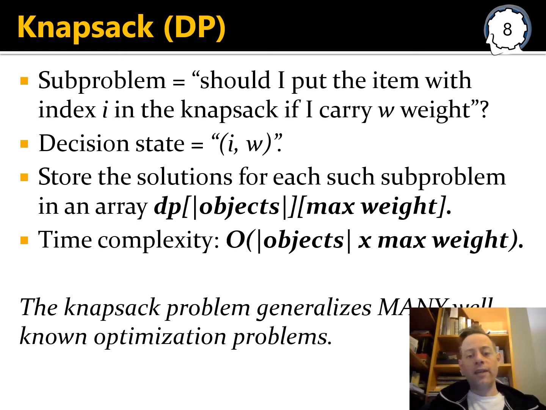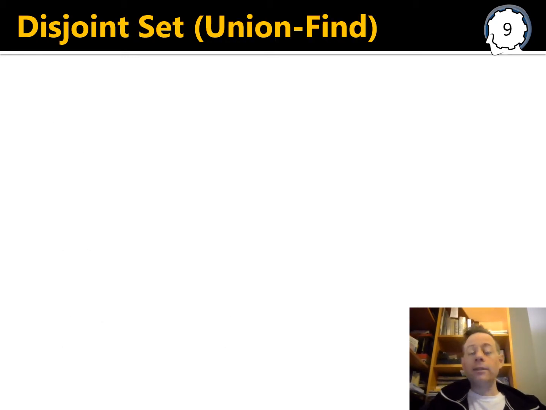Or you can decide to not include the object, and then the weight is not increased, and you just increase the index I by 1, and then you look up the value in that particular state, and then you take the maximum of these two. That is the value for this particular decision state. So that is one important type of problem.